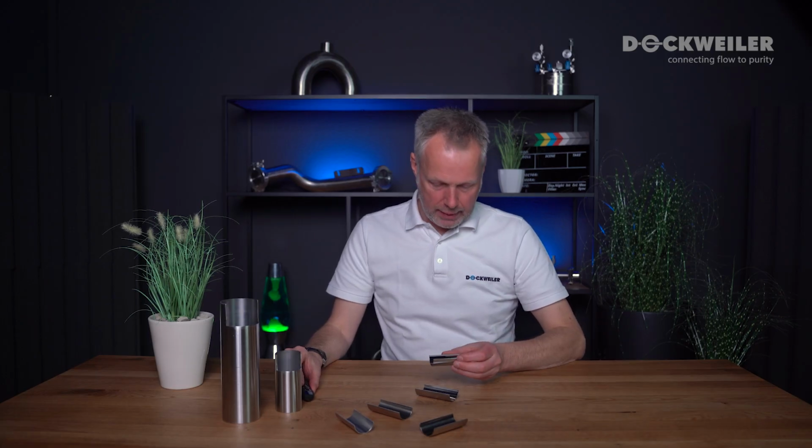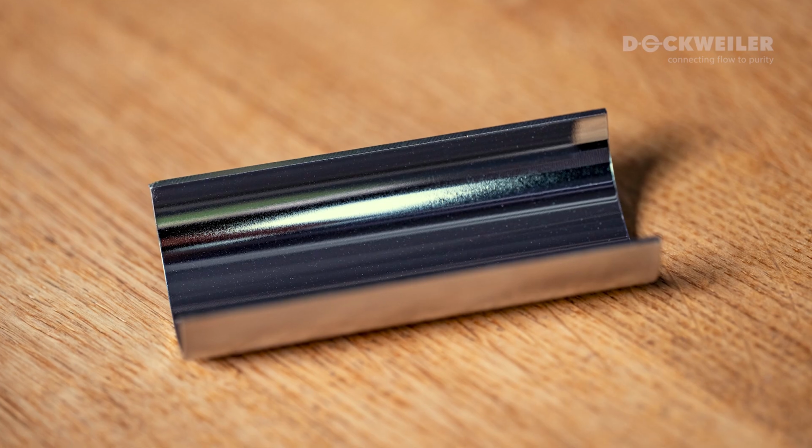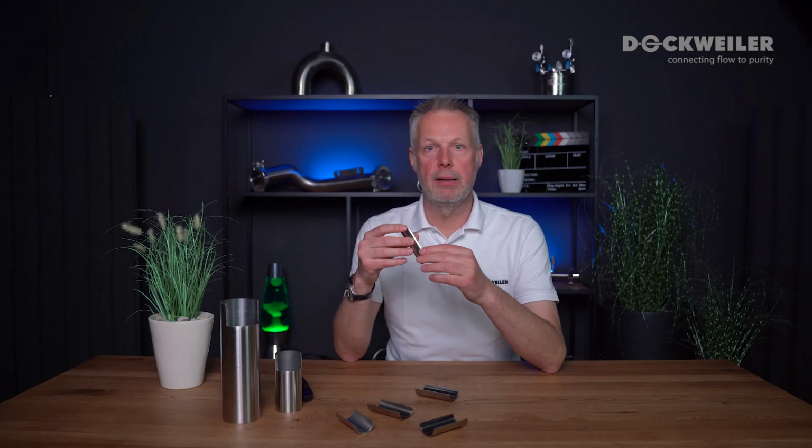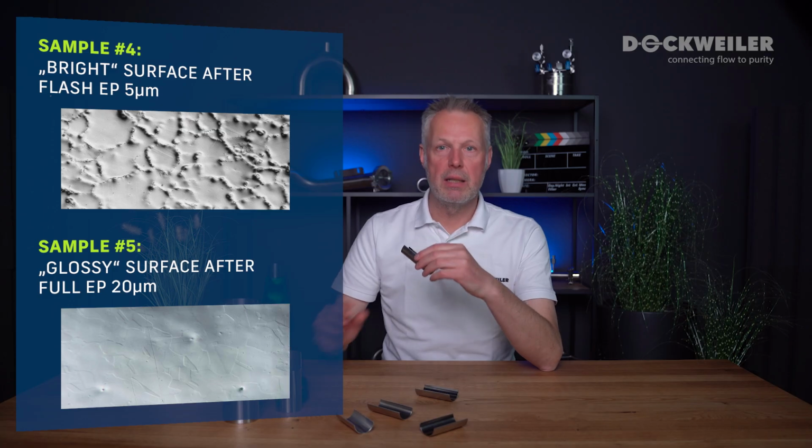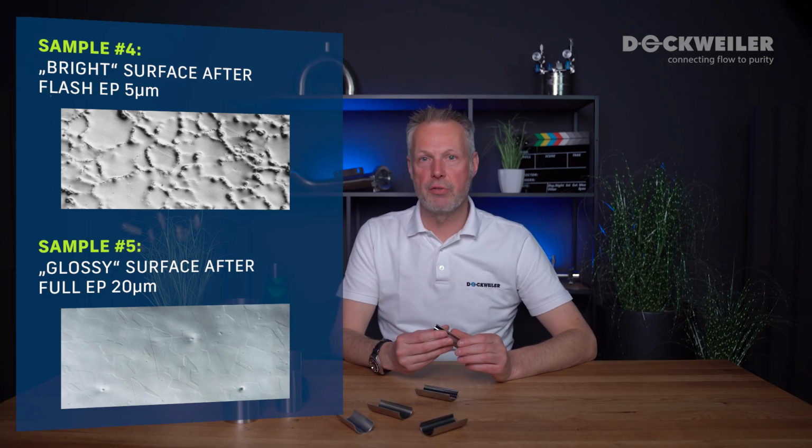And in case you do a full electropolishing process, which goes down roughly 20 micrometers into the material, you will see a very nice and shiny surface appearing.